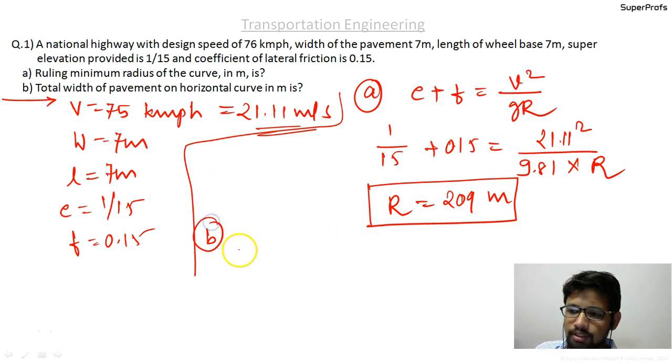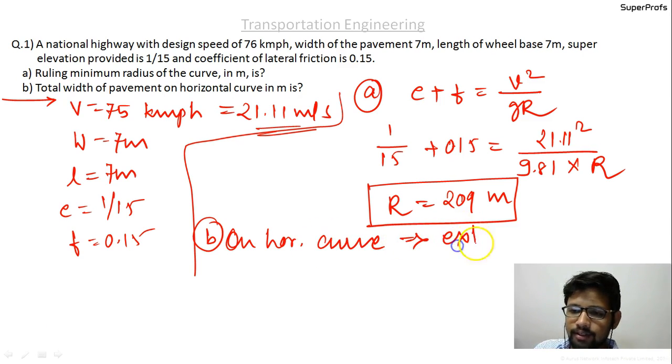And the question B is total width of pavement on horizontal curve in meters. So on horizontal curves we need to provide extra widening.